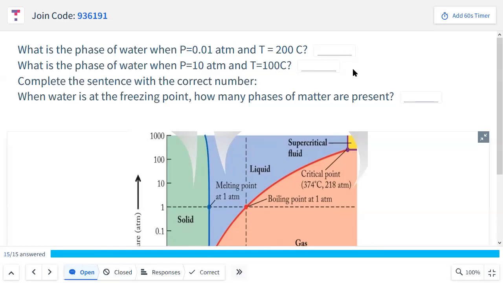So as the water is freezing, there's going to be liquid present and there's going to be solid present. Both. When the water is frozen and no longer at the freezing point, then there would just be the one phase. But while the process is being undertaken, we have to assume that if we are at one of those conditions, we're at equilibrium. Both are present there at the same time.